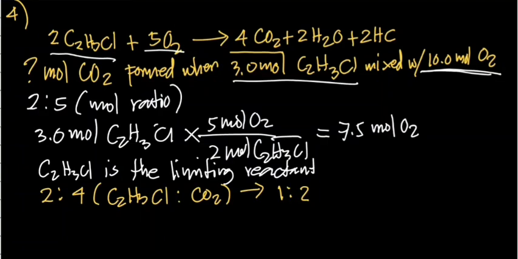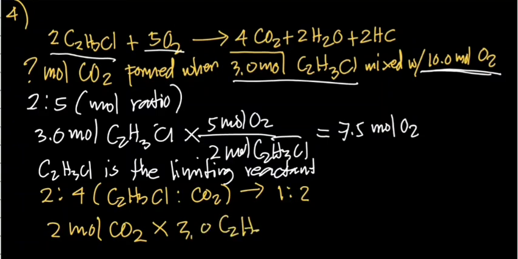Okay, so we have 4 moles here, right? No, 2 moles. So 2 moles of carbon dioxide from the mole ratio. We multiply this by the number of moles of chloroethene. That is 3.0 moles.